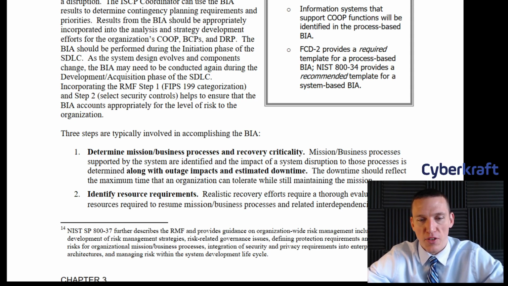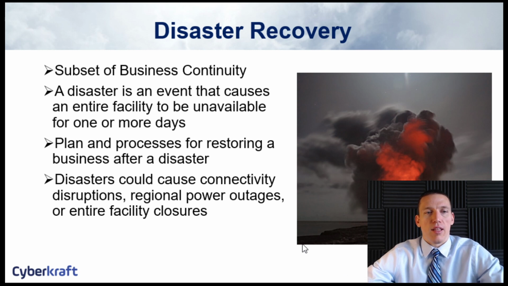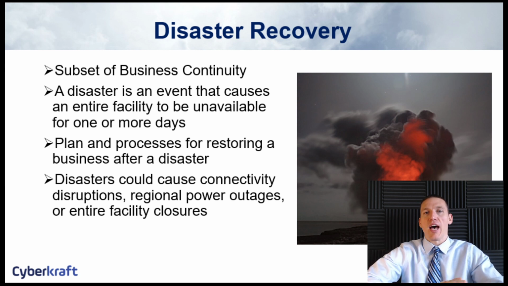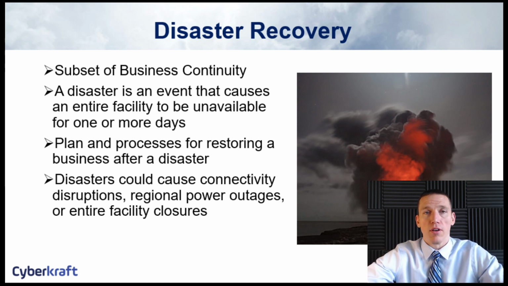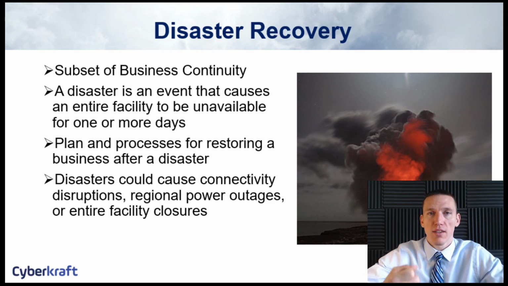That would call for a disaster recovery plan. So this is usually something that disrupts for many days or more. It's usually measured in days, the level of disruption. And this would be the process for restoring capabilities of a business after that disaster.